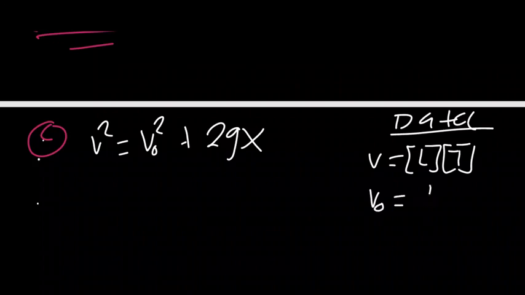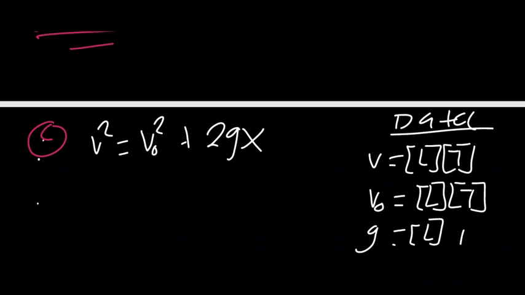Then V naught is also one and the same thing. Then g is made of velocity over time, so it's actually length over time squared. But remember, this should be -1, because it's negative to the power -1.